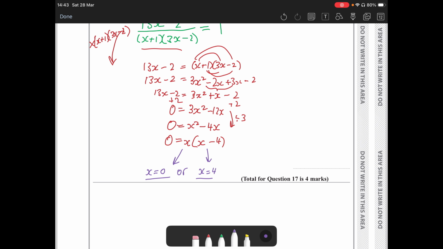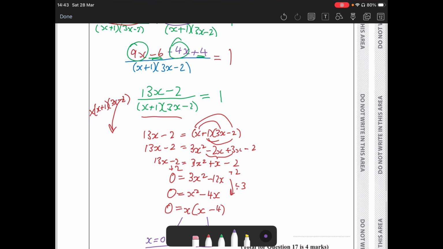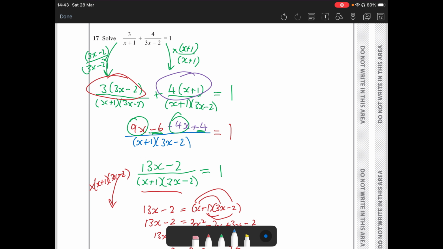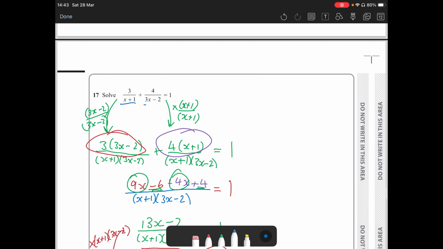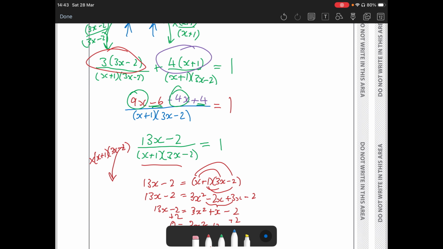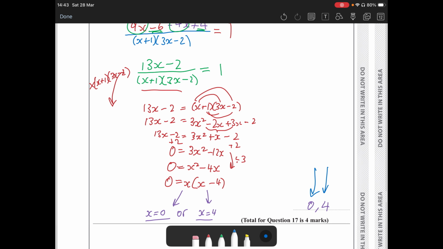So this is a bit of a mean question because I went in thinking there'd only be one answer, but there's actually two. So 0 and 4. The mark scheme agrees with me, but for future reference, with questions involving fractions, you've got to reject anything that gives a denominator of 0. So if either of these two numbers, when substituted in, would give a denominator of 0 in either of those two fractions, you would have to reject it.